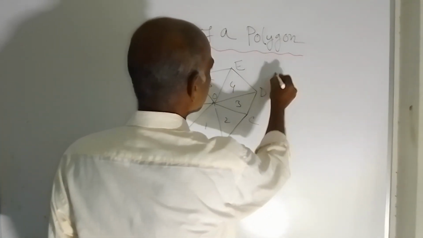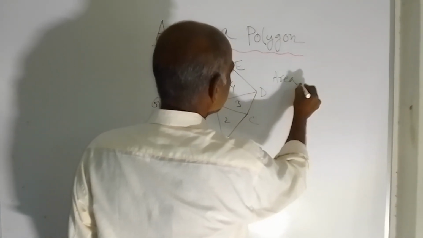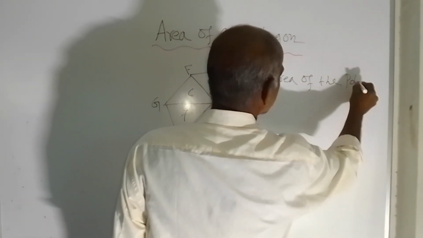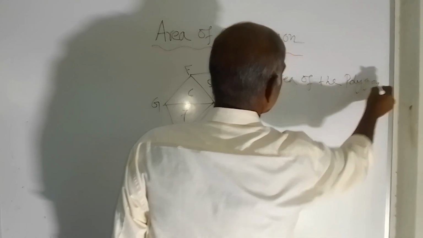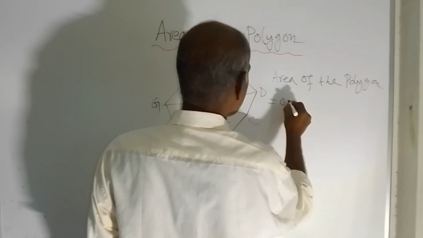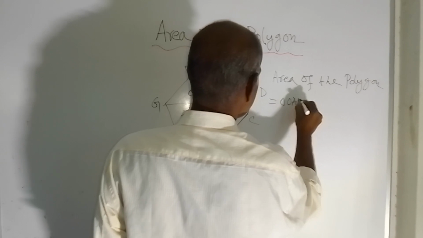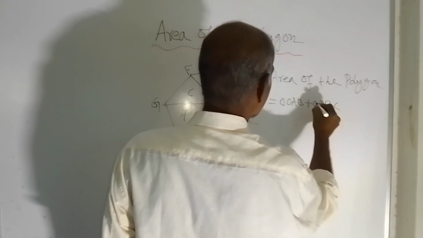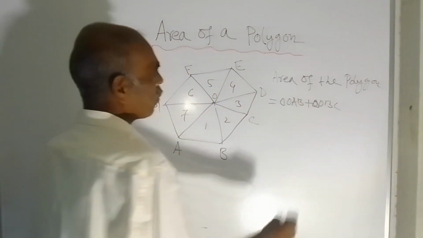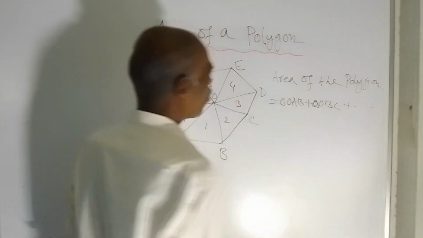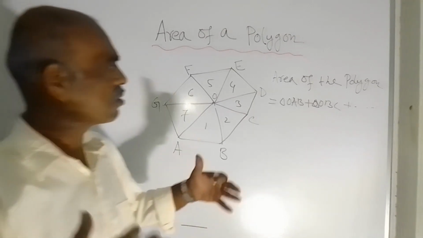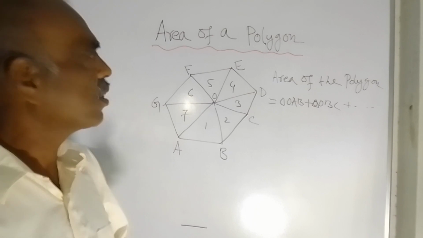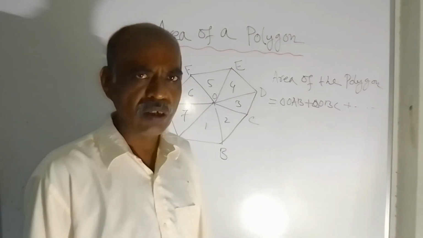Okay, so we can write this way: area of the polygon is equal to triangle OAB plus triangle OBC. Okay, this is triangle sign, plus dot dot dot, all the 7 triangles. You have to sum up areas of all the 7 triangles. That way you will get the area of the polygon.